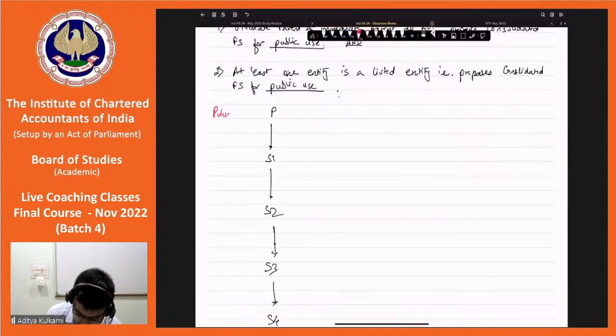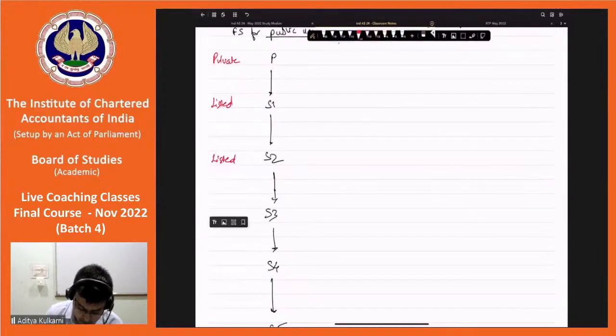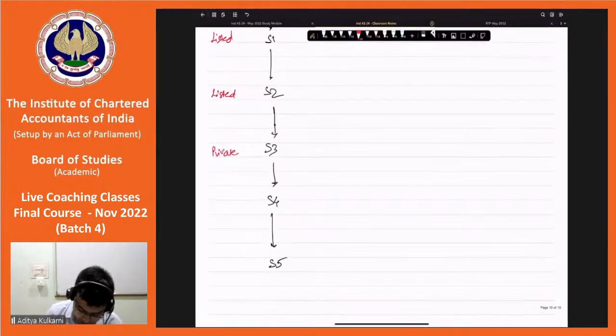Much like how Tata Sons is. S1 is a listed company. S2 is a listed company. S3 is a private company. S4 is a private company.